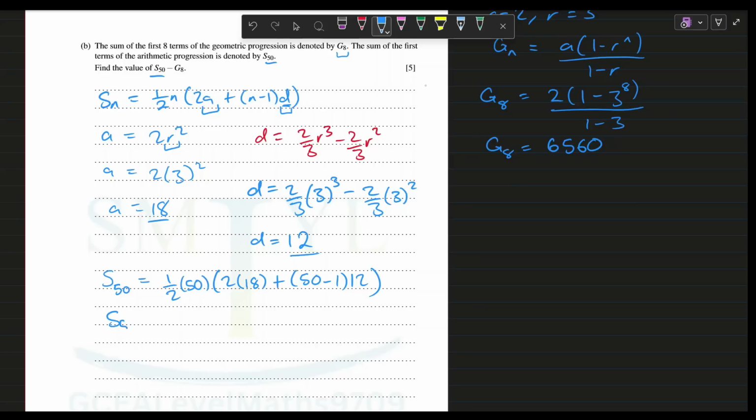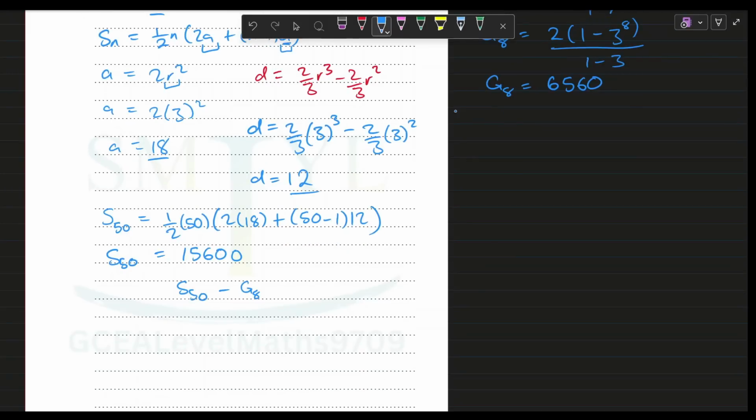So S50 is equal to, let's punch this into the calculator, that's 1 over 2 times 50 times 2 times 18, plus 50 minus 1 times 12, and this gives us 15,600.